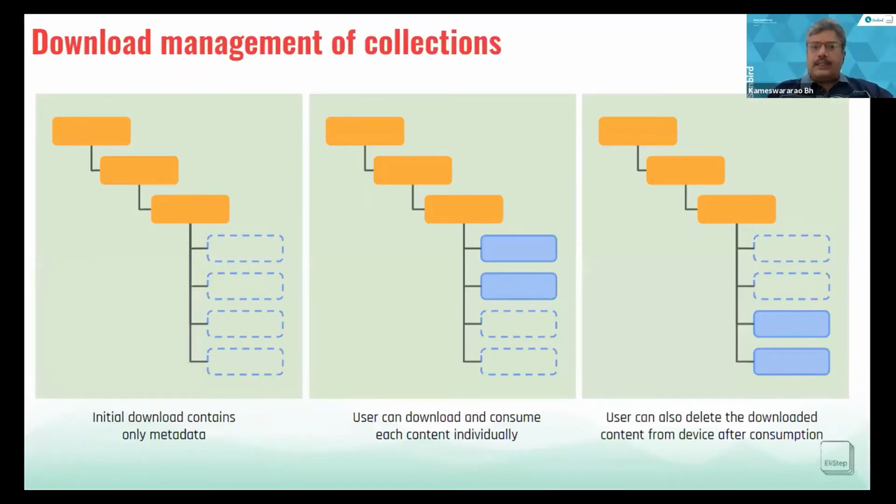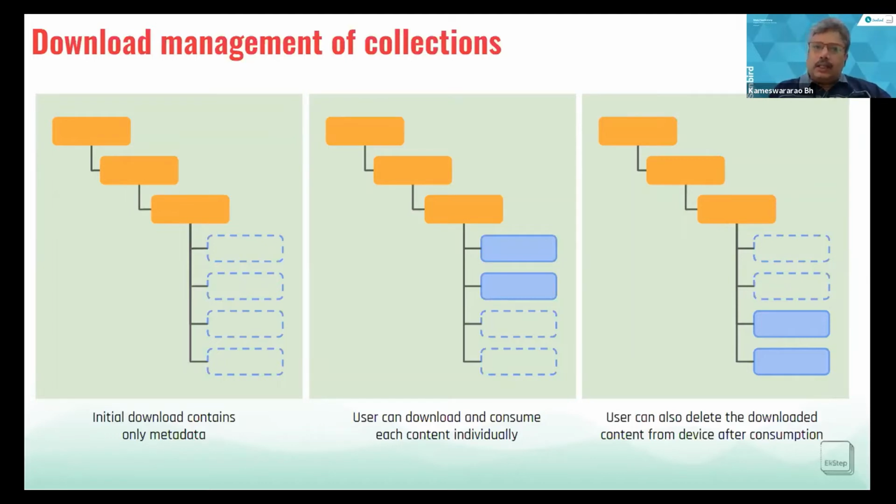Like what I mentioned, there is a certain flexibility that is provided in terms of downloading the collections. By default, when a collection is downloaded, the entire set of linked assets is not downloaded. It's only the metadata and the structure which gets downloaded. Because if you download the entire assets, like a collection might have, let's say, 100 videos, it might become a problem in the device space, right?